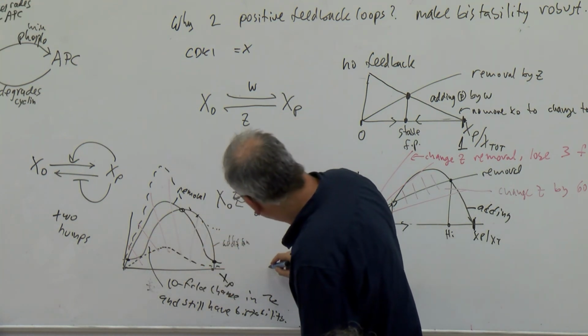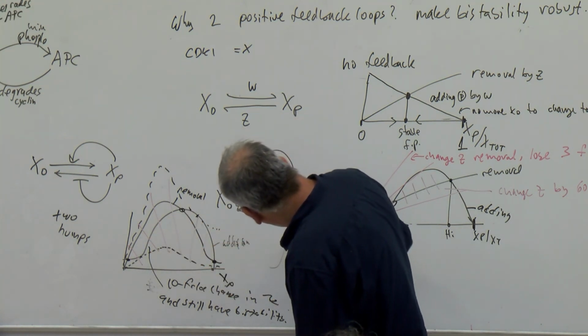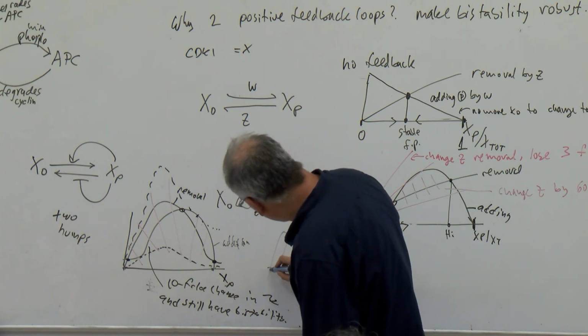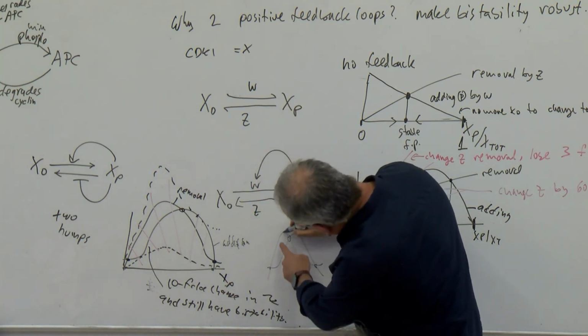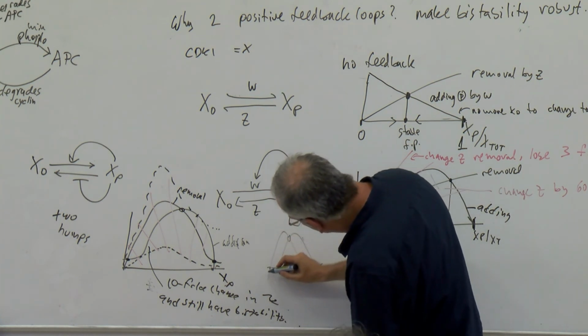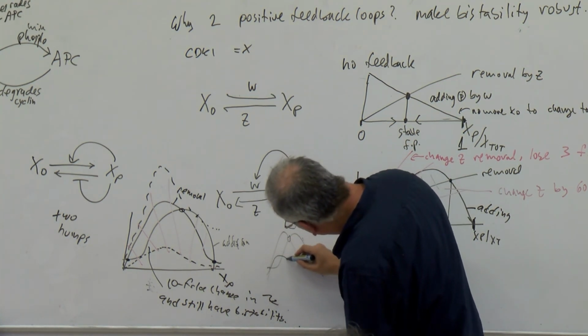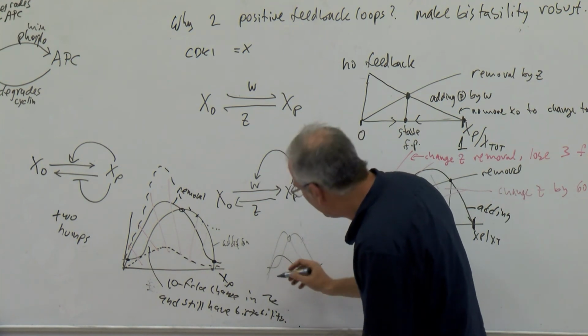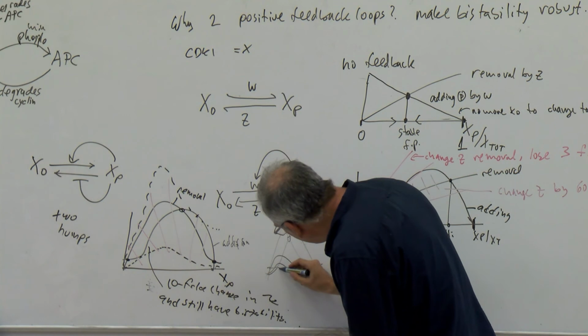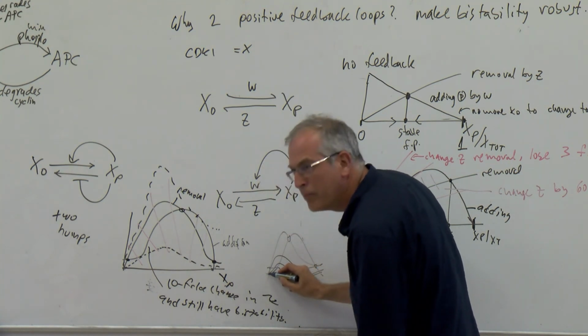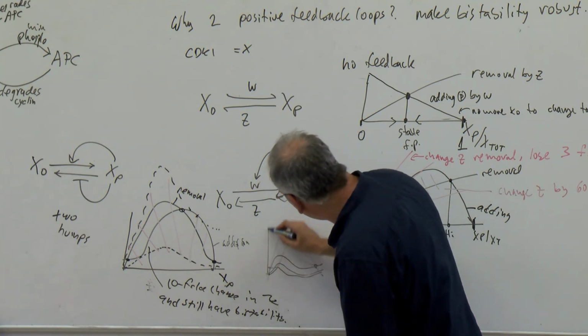And when you have two humps, it's very easy for them to cross 3 times. Because if I change parameters, what it means is morphing, let's say, one of the humps. So now this hump is lower. It still crosses 3 points. And I make it even lower, it still crosses 3 points. To cross at only 1 point, I have to make it really tiny, or make it really huge.